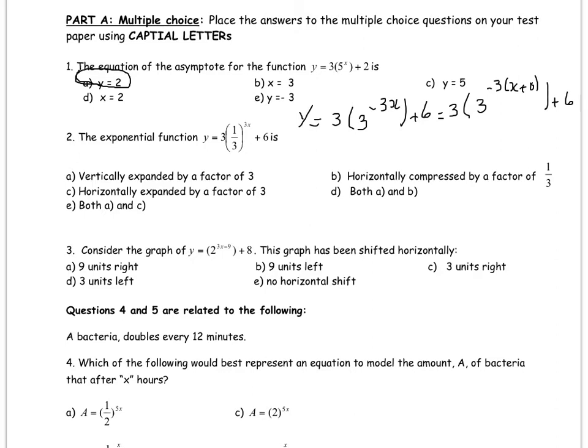If you look at the absolute values, negative 3 is 3, which means that the function is compressed horizontally by a factor of 1 over 3, and the 3 here tells us that it's stretched vertically along the y-axis. So the correct answer is A and B, which is going to be D.